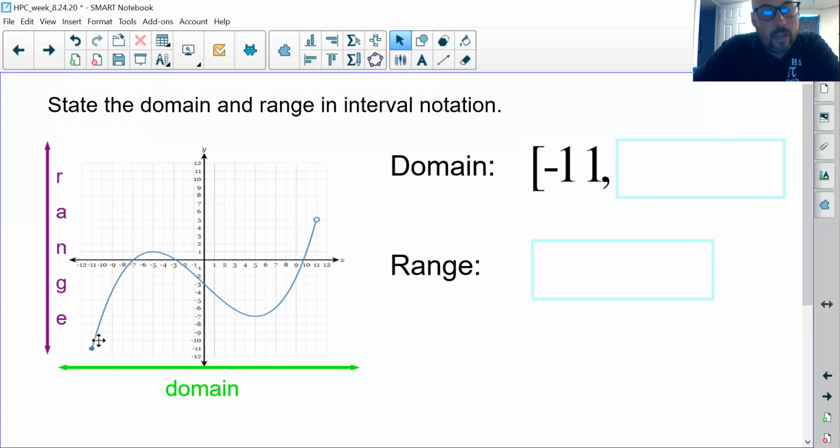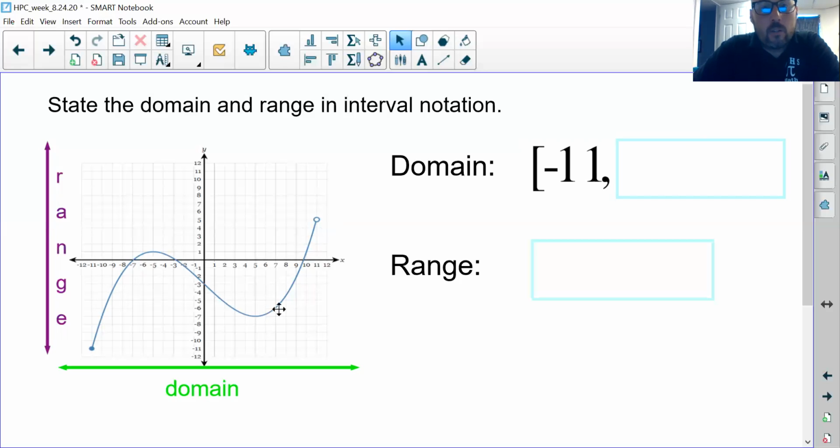And as you scan to the right, it includes all these x values: -10.5, -10, -9, -8, -7 is special because -7 is a 0, -6, -5. All of these x values are included until 11. Now 11 is not in the domain because it has an open circle there.